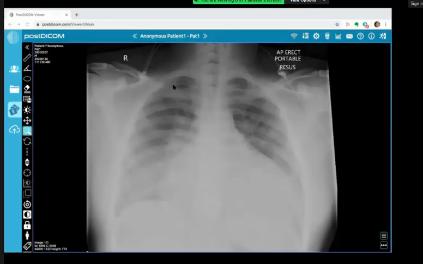The left hemithorax is otherwise clear. So in summary, there is cardiomegaly with airspace opacification involving the right side in a predominantly mid and lower zone pattern. The apices are again clear with no bony involvement.